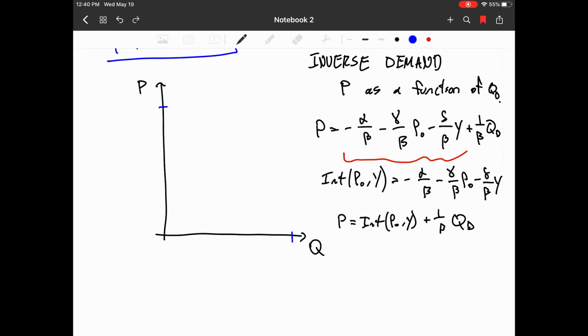the intercept is actually defined as this intercept function taking P0 and y. Then we have a downward sloping relationship between price and quantity, where the derivative of P with respect to quantity demanded is just 1 over beta.